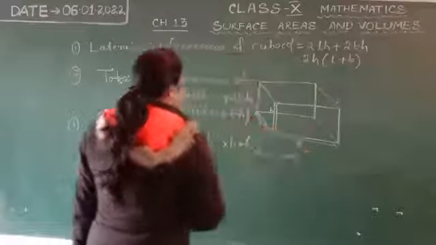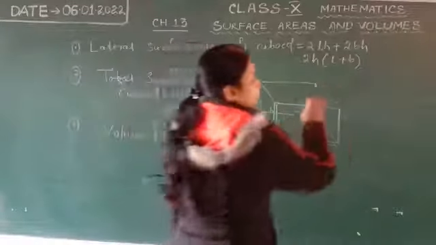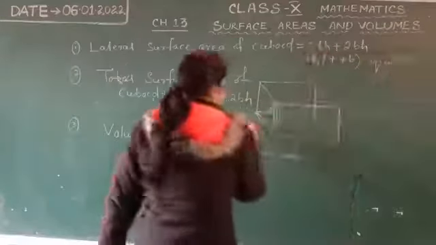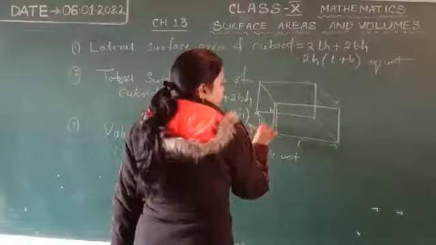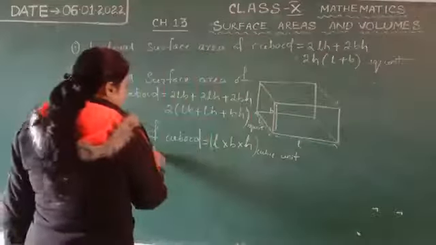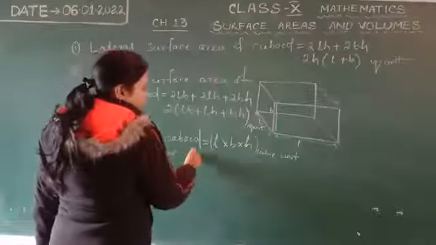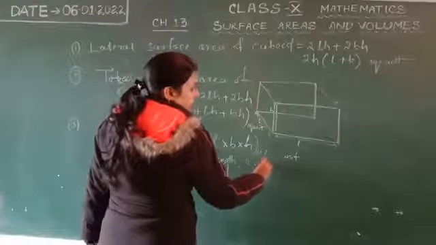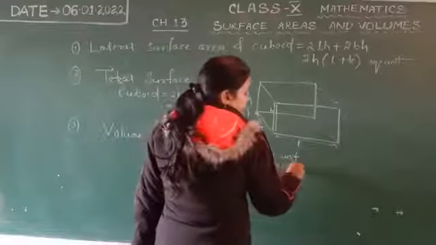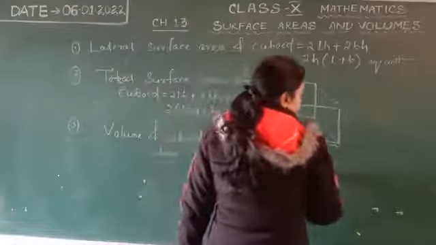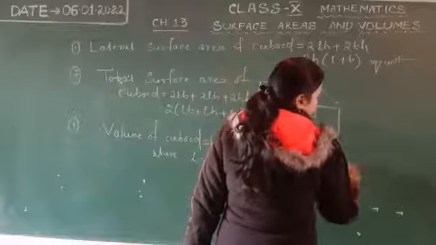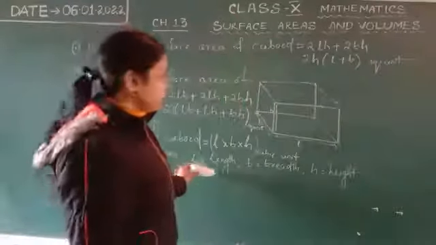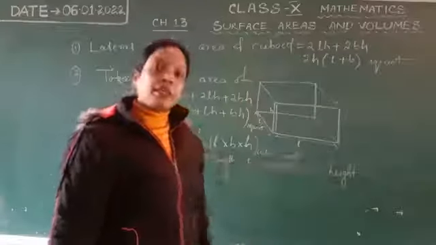And when we find the area, these are square units. Where L is length, B is breadth, and H is height.